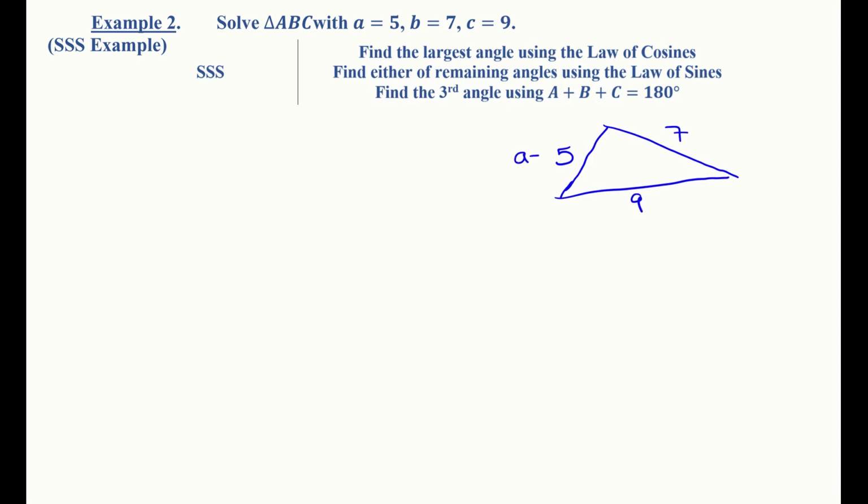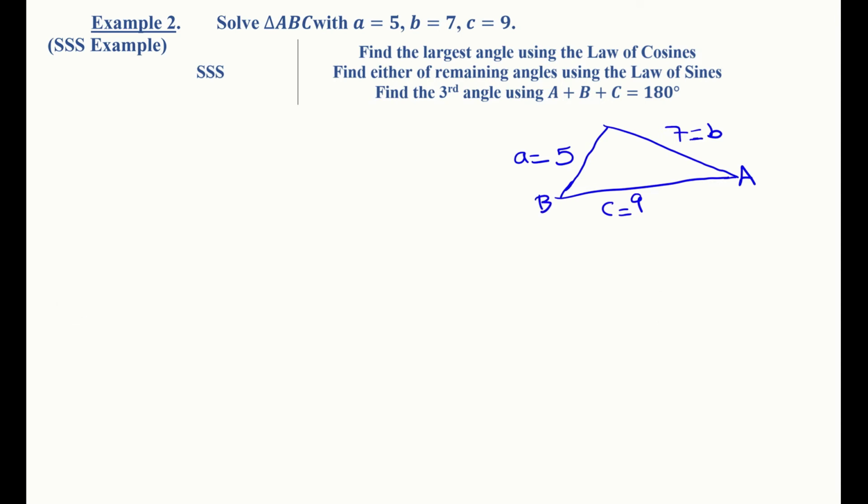So we can say this is A, this is B, this is C. Notice it's just recommended. Otherwise, you could solve for any of the angles and that would be okay. So this will be A. In other words, the law of cosines has that capability.